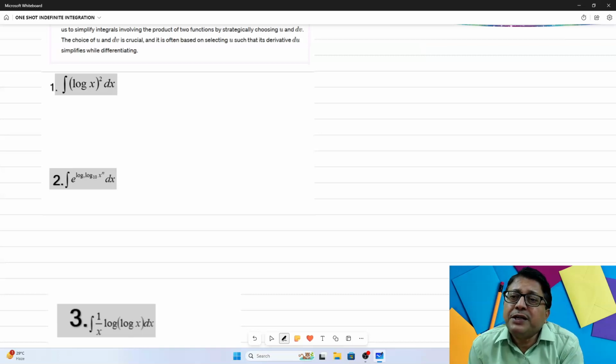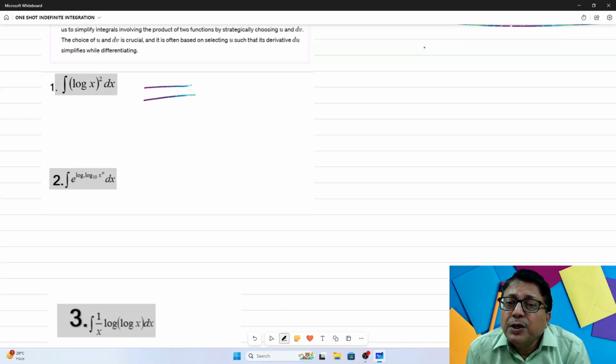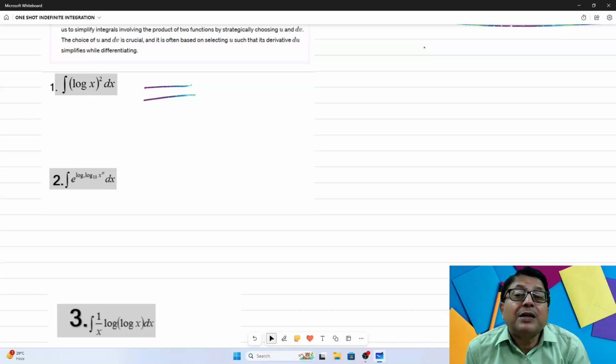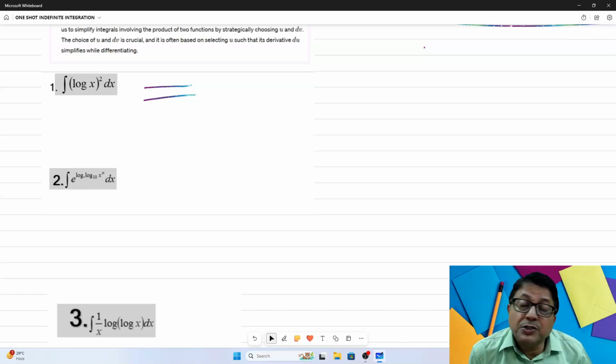Just revise it for this one, log x whole square. Log x whole square, why? It is given in this form. That log x whole square, you have to understand as a product of two functions here. Log x into log x you can't write, because one function has to be differentiated, the other has to be integrated. Log x integration you don't know.